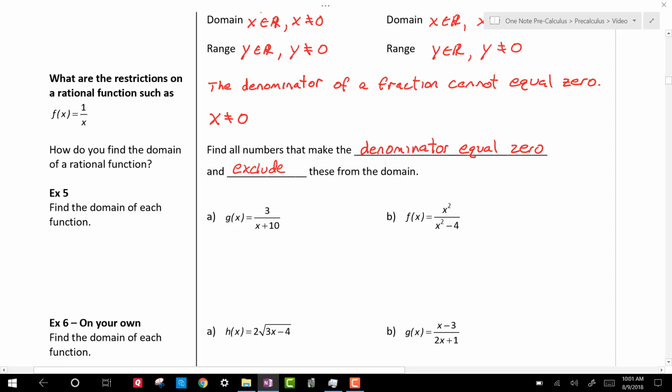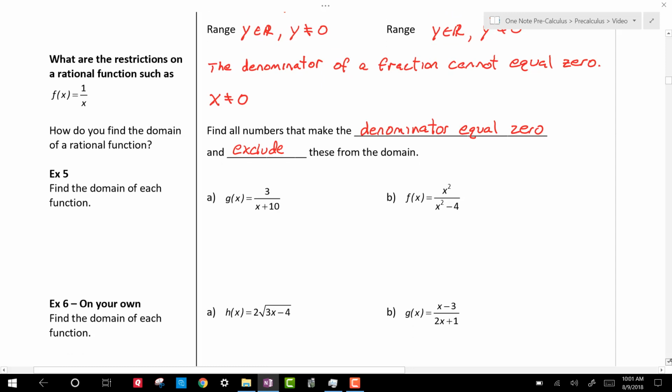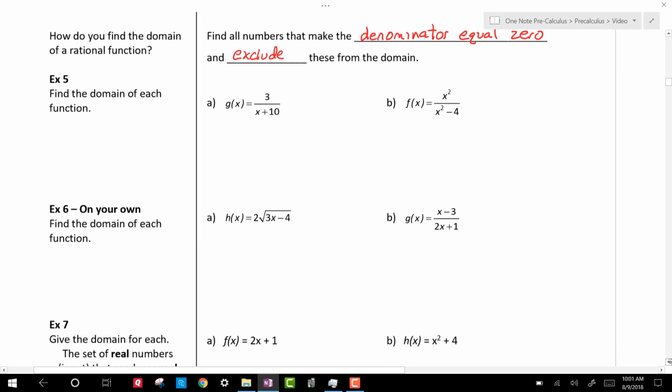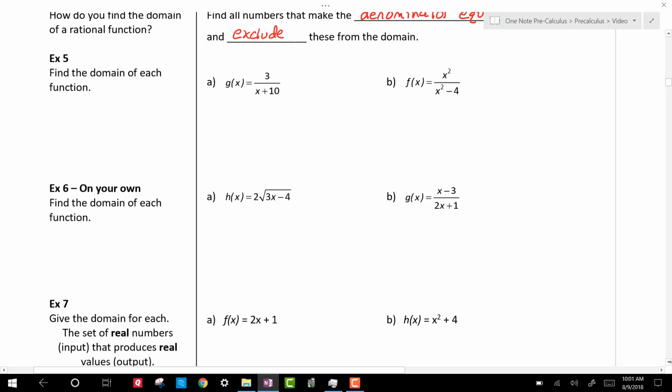Okay? So if I look at this first function, it's easy to see, I hope, g of x equals 3 over x plus 10. If I said, okay, what number could you not plug into the denominator? Most of you could probably tell me negative 10 is not going to work here. That's great. You're right. Negative 10 doesn't work. But I'm going to start off by doing these and showing you how you can do this when they get a little more difficult. All I care about is the denominator.